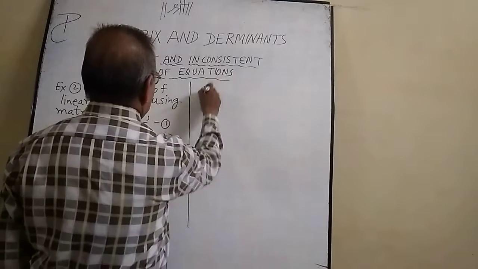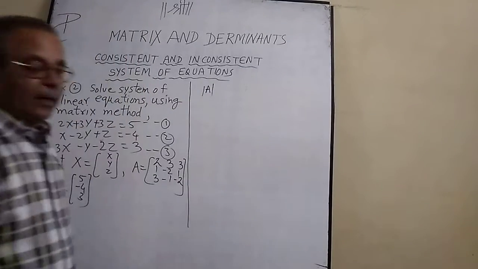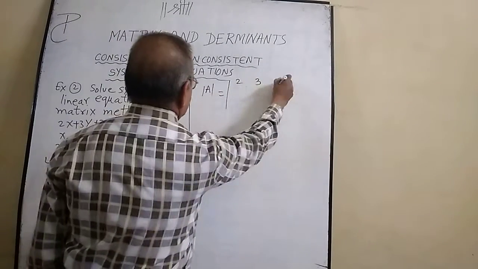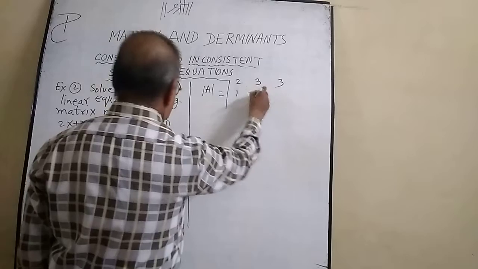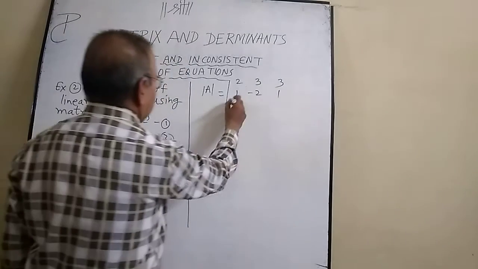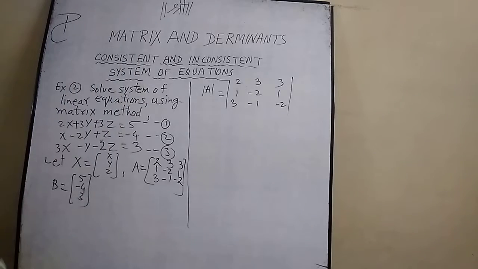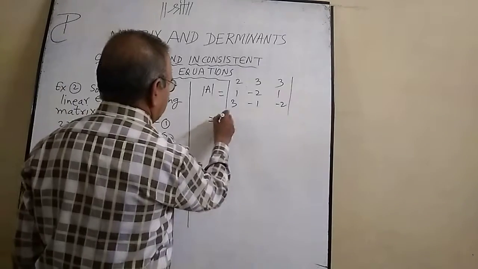So the value of determinant A we can find: 2, 3, 3, 1, minus 2, 1, 3, minus 1, minus 2. Simply we find the determinant value.